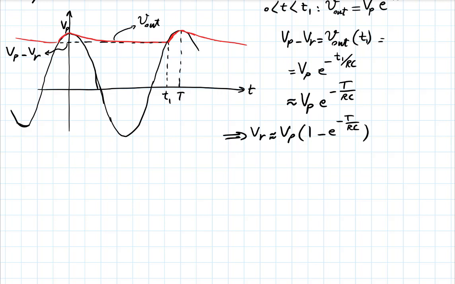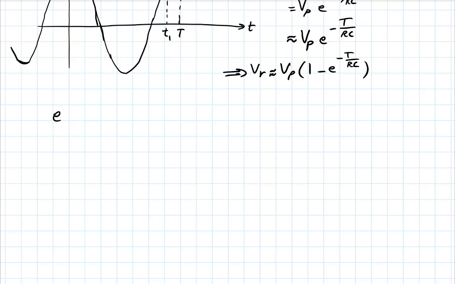What is the exponential of x approximately if x is very small? What does the Taylor series tell you?